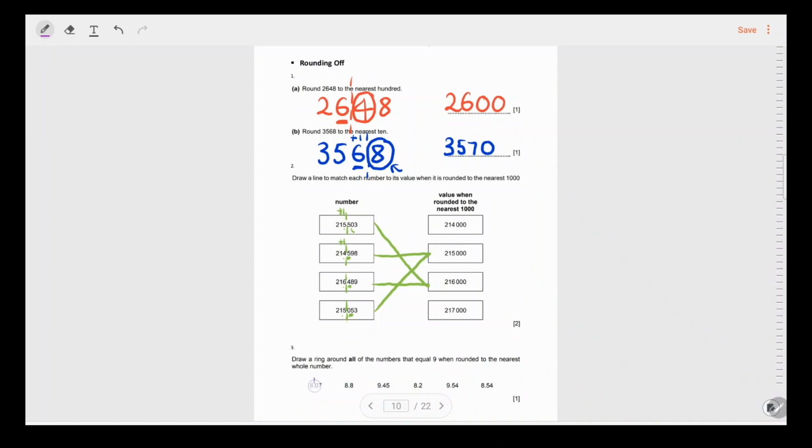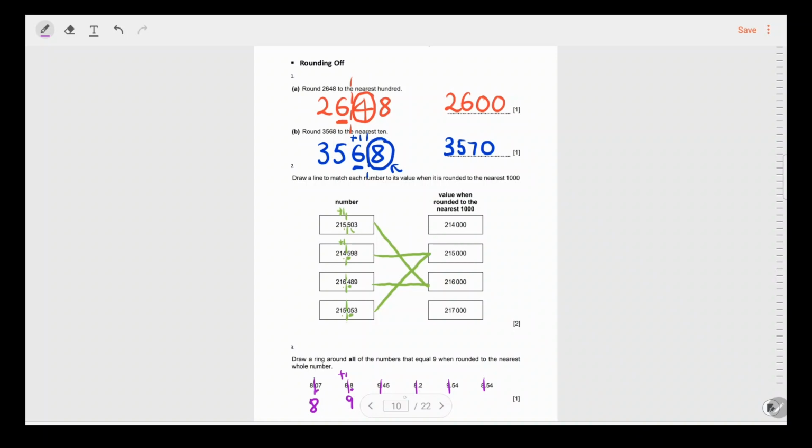So I'm gonna draw my dotted lines over here. And we check the number after it. So it's 0. We don't add anything. So it's 8. Here it's 8. So it's bigger than 5. We add 1. So it's 9.